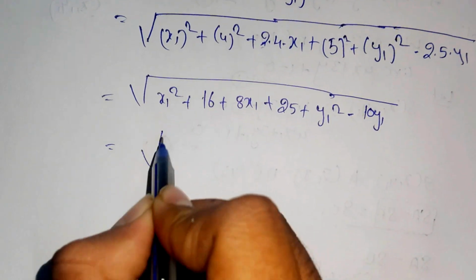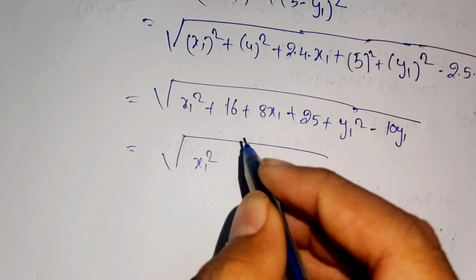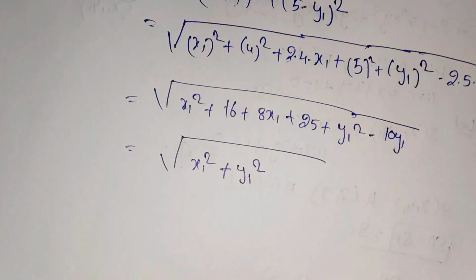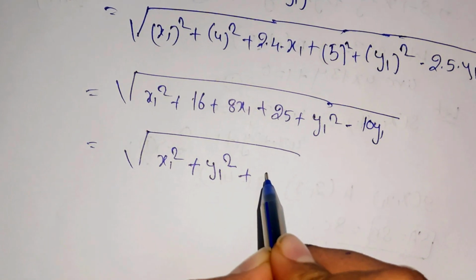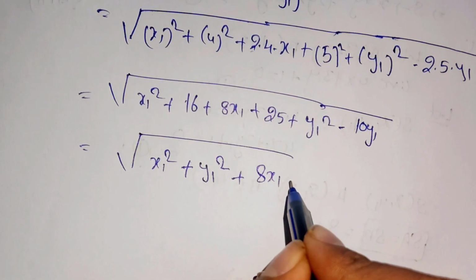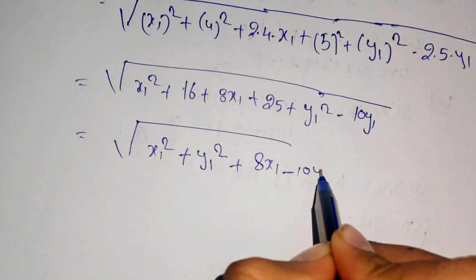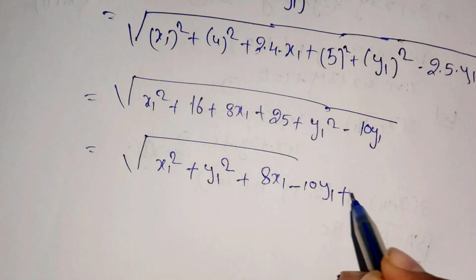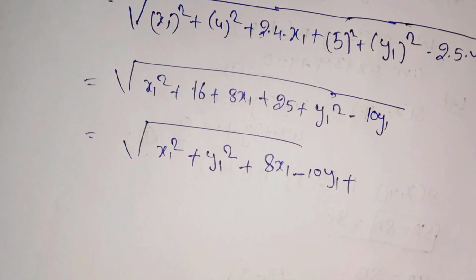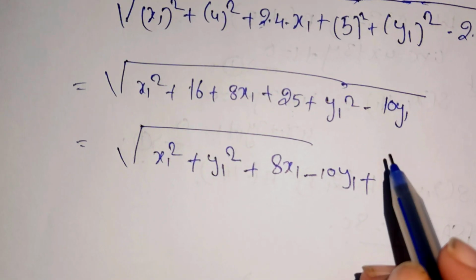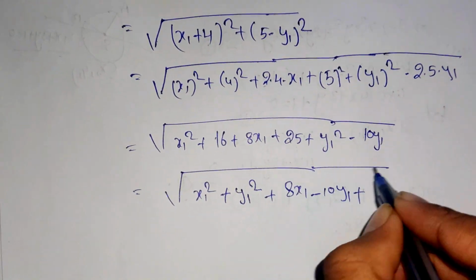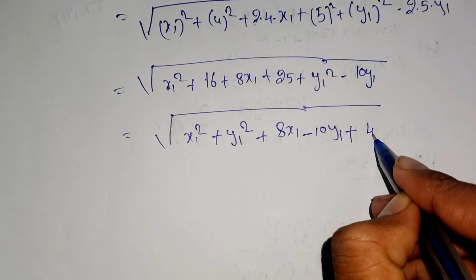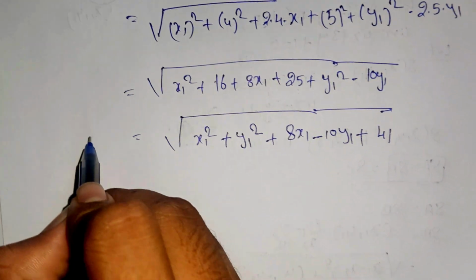And now it's time to collect terms: x1 square as it is, y1 square as it is, plus what is the x term, we have 8x1, and the y term we have minus 10y1, plus 25 plus 16, which is 41. So what is this?